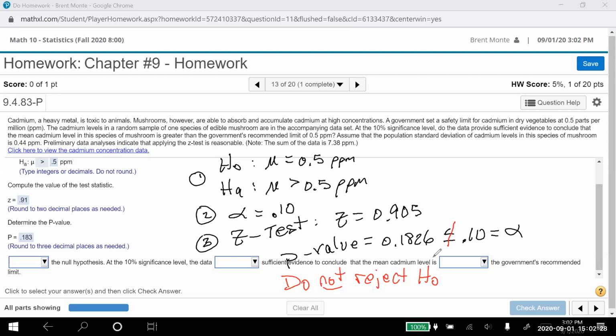And then my conclusion, if I can't reject this, then I have to say, no, the data is not sufficient or does not provide enough evidence to say that mu is actually greater than 0.5.